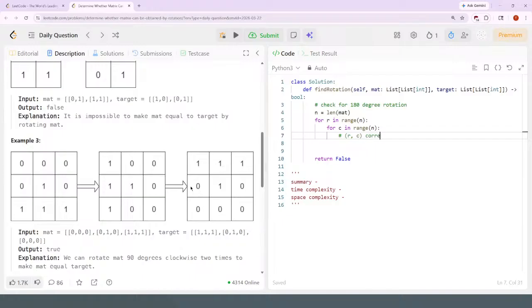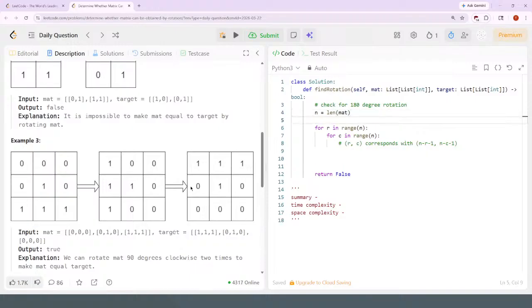r, c corresponds to n minus r, n minus c, or maybe n minus r minus 1. I think it's n minus r minus 1, since it's inclusive of index. So I need to do an early true, or I break if it doesn't match.